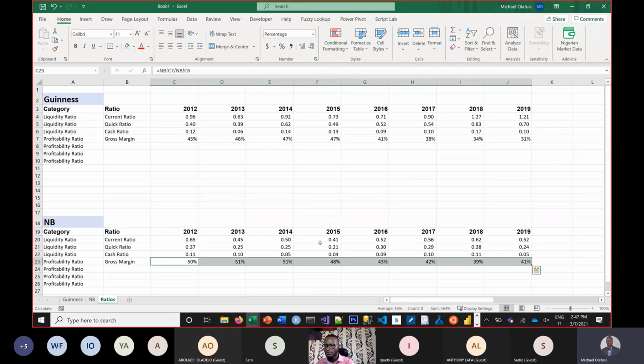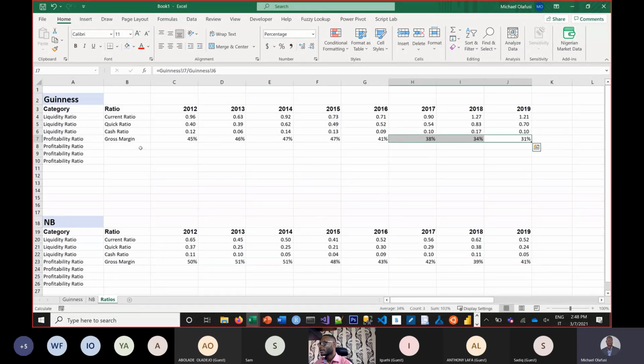They took a much more indigenous approach. AB InBev even took a lot more indigenous approach with their sourcing. But Nigerian Breweries has been much more aggressive, much more deliberate with local sourcing than Guinness. So every time the dollar goes up, you will always see the impact in the gross margin of Nigerian Breweries.